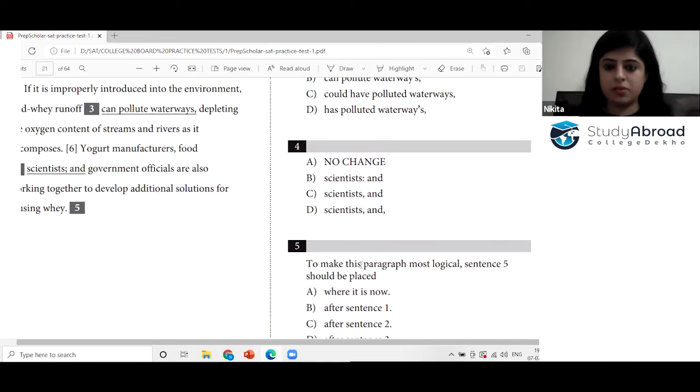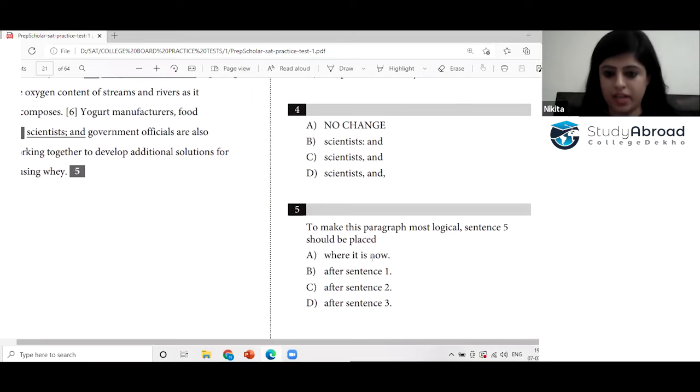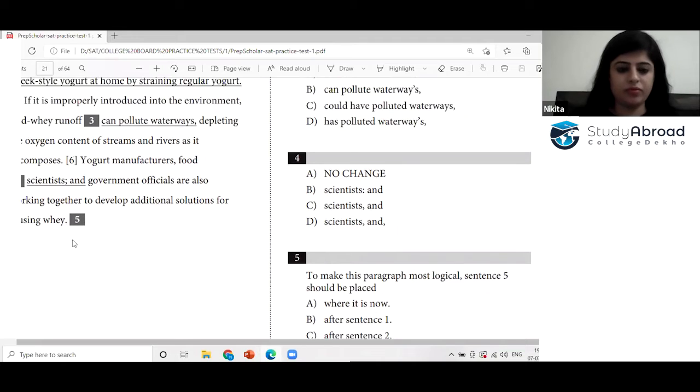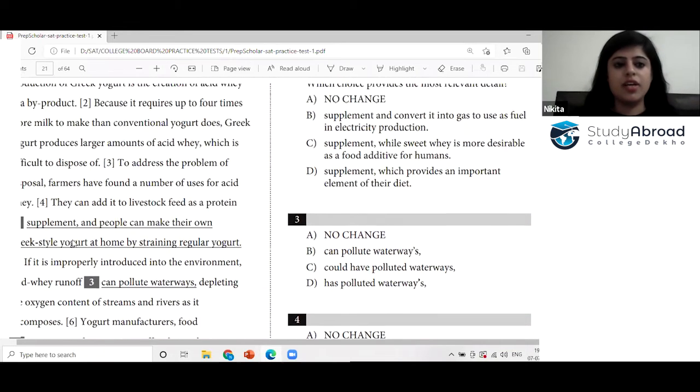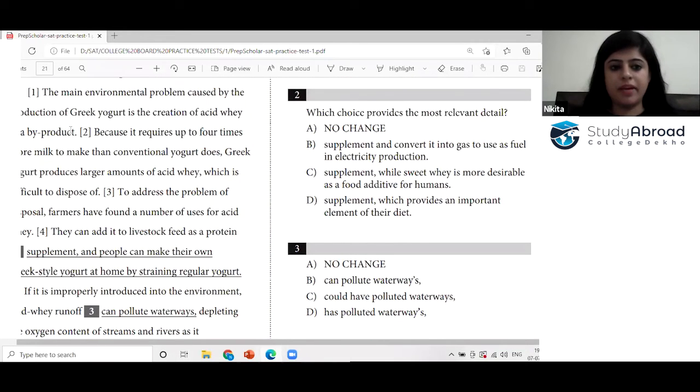To make this paragraph, the paragraph that you just read, most logical, sentence 5 should be placed where it is now, after sentence 1, after sentence 2, or after sentence 3. Okay, so this is sentence 1, the main environment, it continues. You'll see 1, 2, 3, 4, and 5.